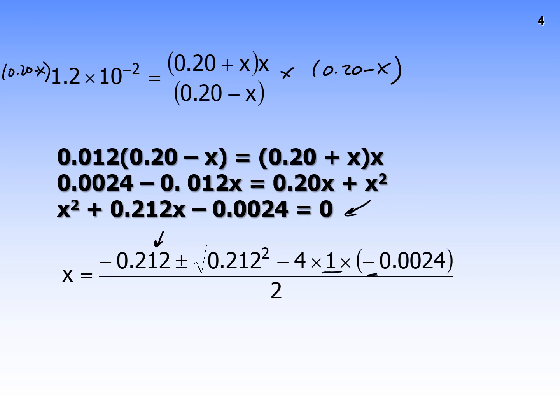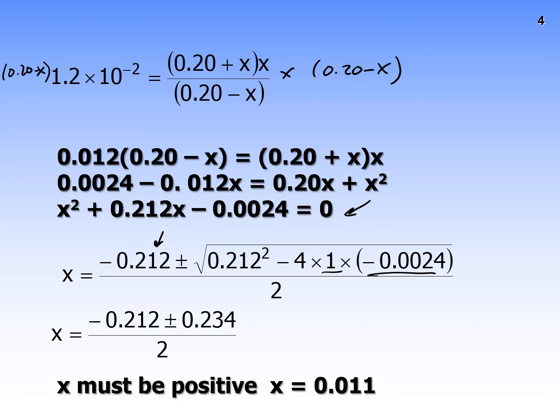Here's a, here's c. a is 1, so I just didn't include it here. If we solve this quadratic, we get this, and the only positive value is 0.011, technically molar, and there's my x.